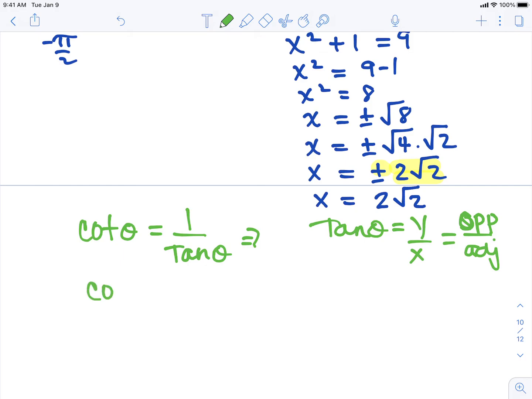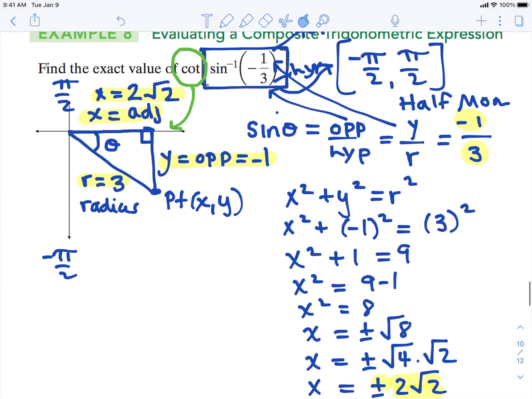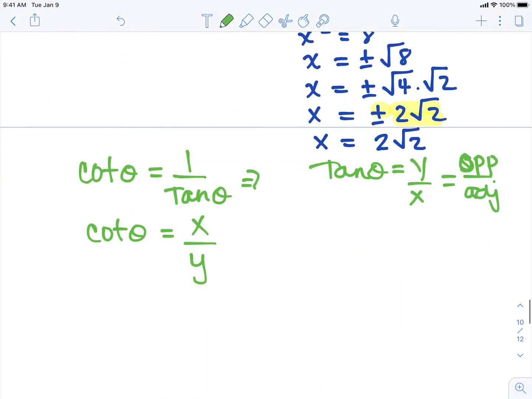So to find the cotangent of that triangle, we're going to do the opposite. We're going to take x over y. So let's go back up. Who is my x? 2 square roots of 2. Who is my y? Negative 1, and we're going to divide those. 2 square roots of 2 divided by negative 1, and then simplify it.